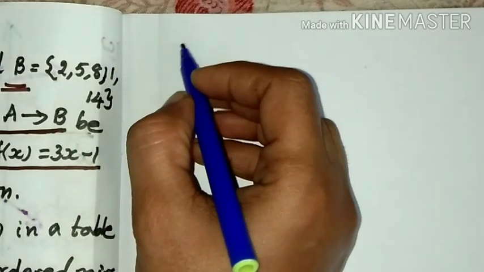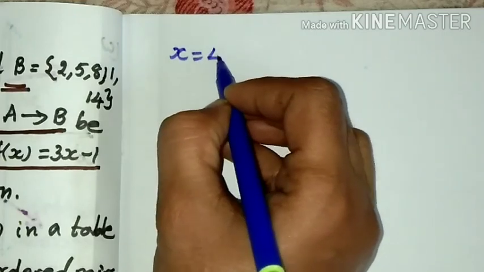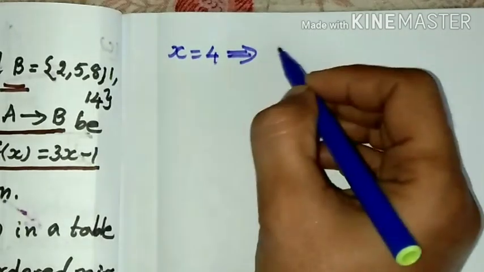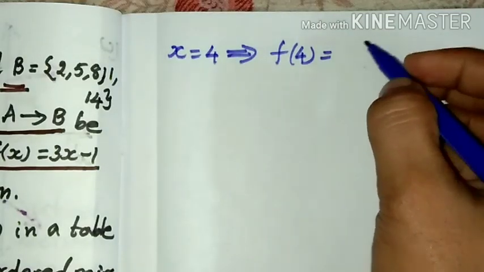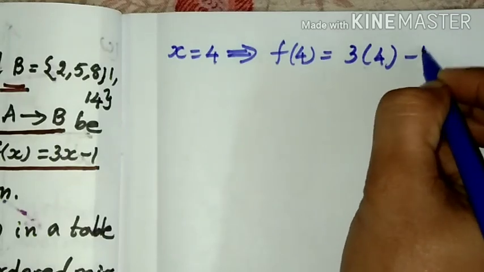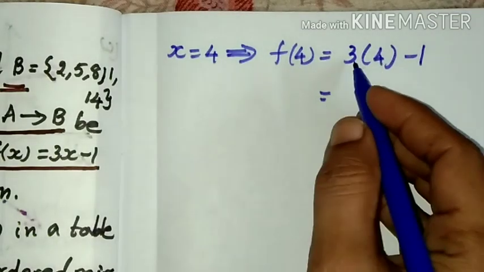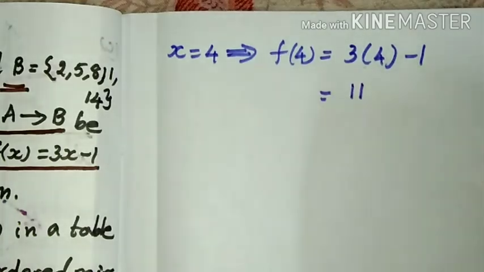Now the last element of set A, if x equal to 4, then f of 4 equal to 3 into 4 minus 1, then 3 4s are 12, 12 minus 1 we get 11.